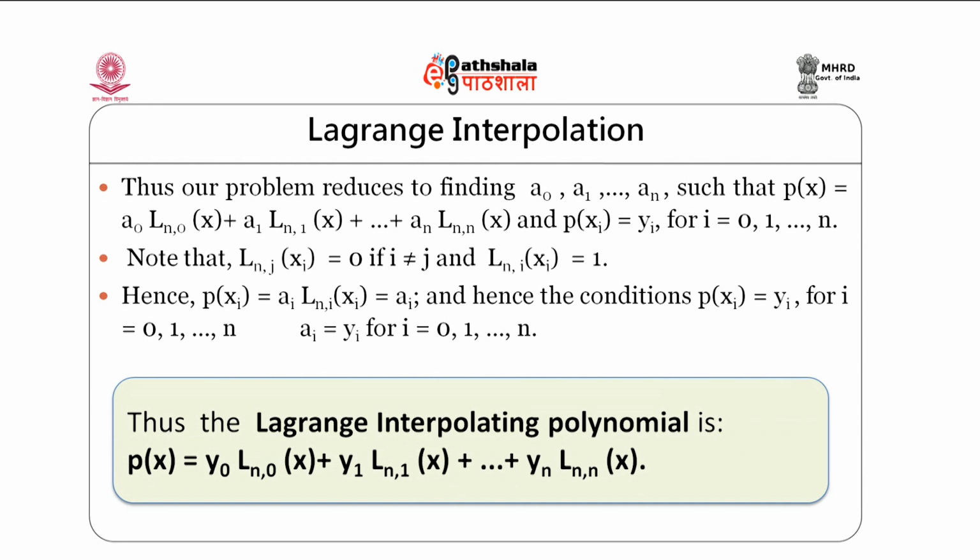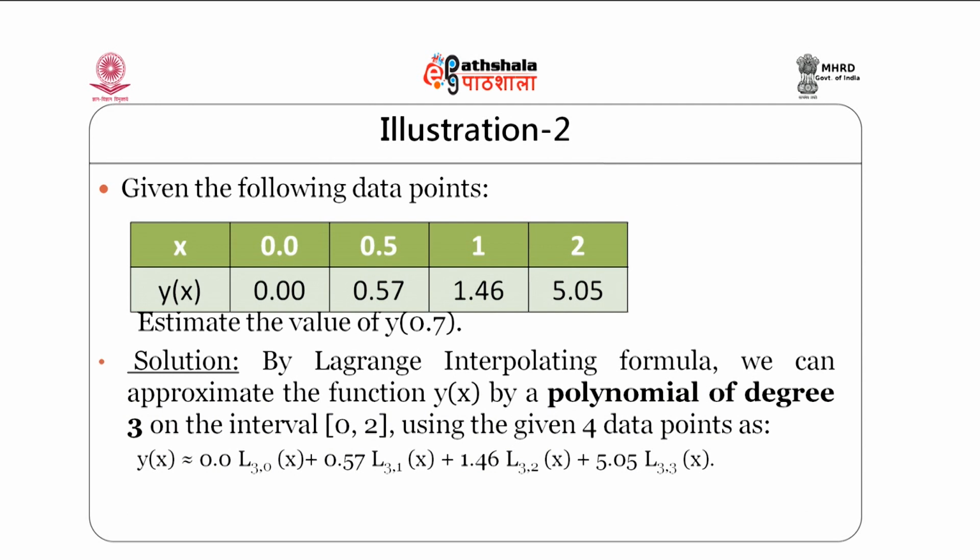Thus, the Lagrange interpolating polynomial is given by p x equal to y 0 into l n 0 x plus y 1 into l n 1 x plus up to y n into l n n x. So, each of these a i's are now replaced by y i's, and that is because of the special form of l n j.